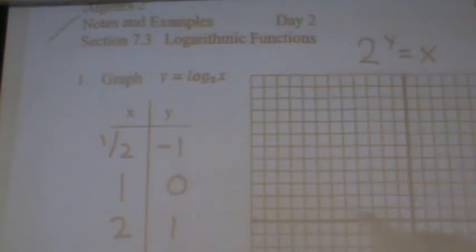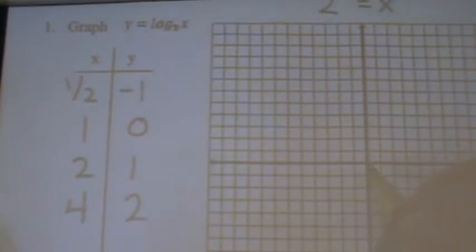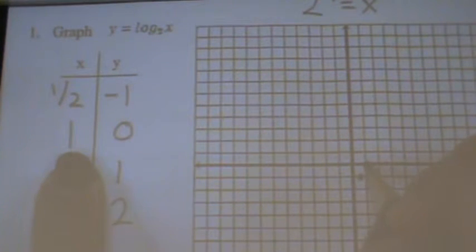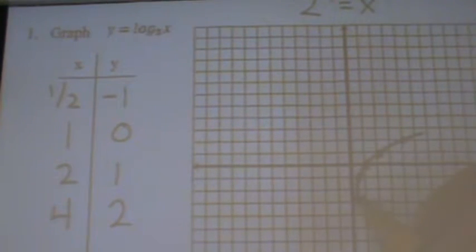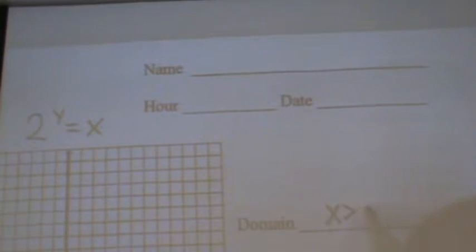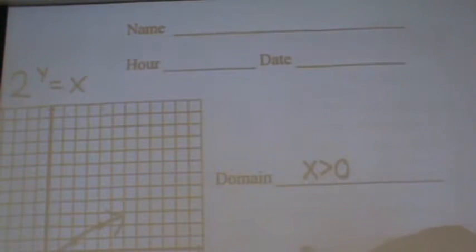So if I were to graph this: over 1/2, down 1, over 1, 0, over 2, up 1, and over 4, up 2. And that's what this looks like. And again, your domain is going to be x is greater than 0, and your range is all real numbers.